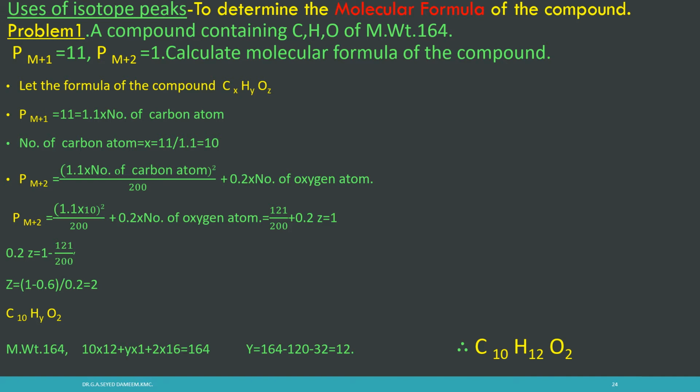So the total value is 164. By simplifying this equation, we can determine the value of y, which is equal to 12. So the formula is C10H12O2. Thus the molecular formula is determined from the intensity of isotopics, that is here M plus 1 and M plus 2.